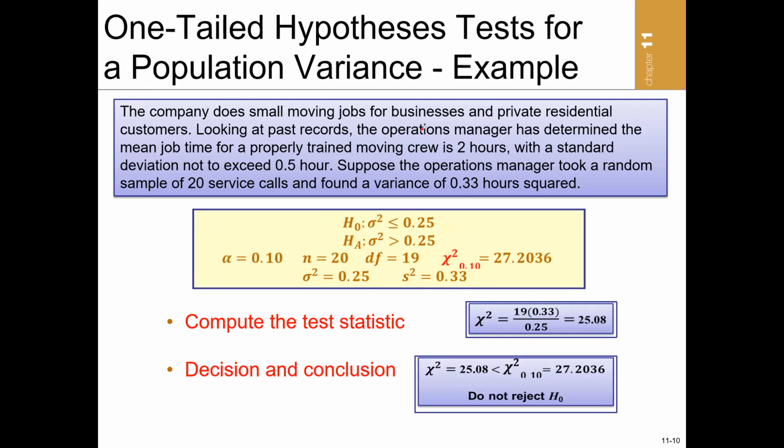Looking at past records, the operations manager has determined that the mean or average job time for a properly trained moving crew is 2 hours, with a standard deviation not to exceed 0.5. Suppose the operations manager took a random sample of 20 service calls and found a variance of 0.33 squared. So we are going to test the hypothesis.